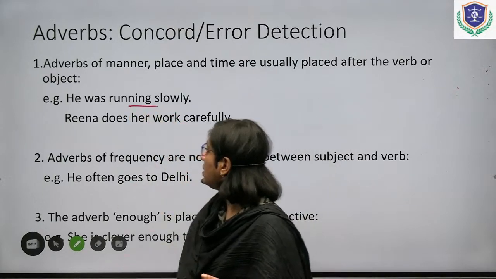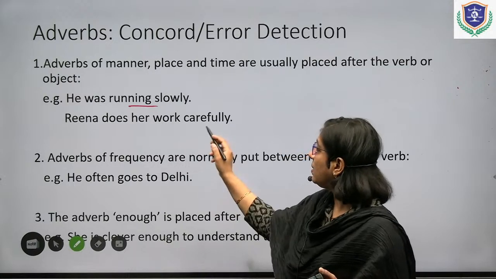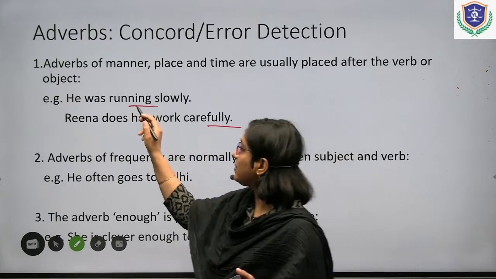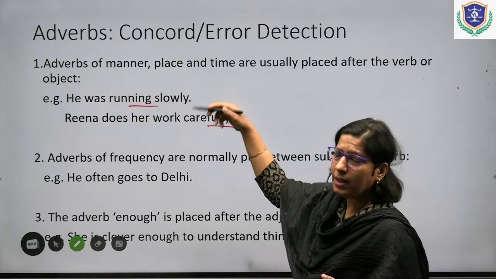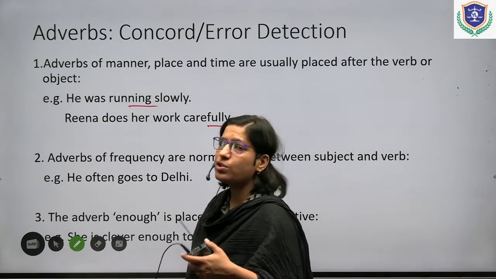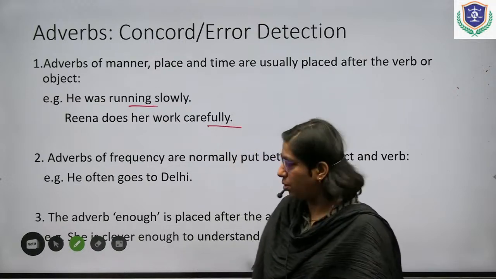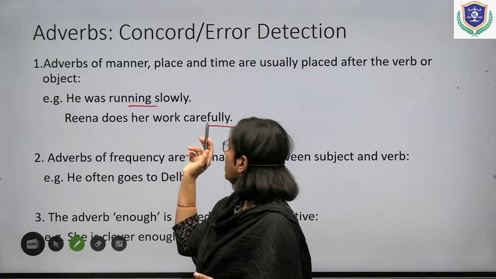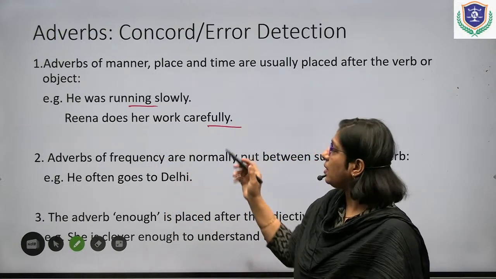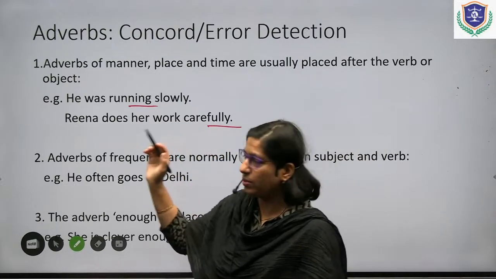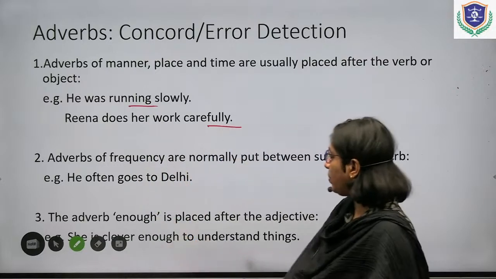So Reena does her work carefully, or he runs slowly. We will not say he was slowly running, that would be wrong. Or Reena carefully does her work, no, that would be wrong. So Reena does her work carefully and he was running slowly. This is how it has to be put.